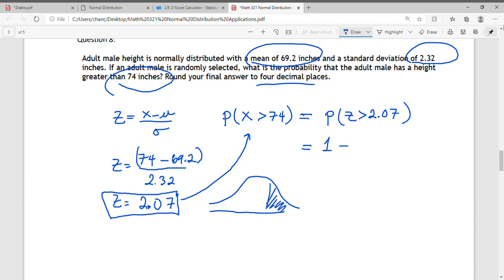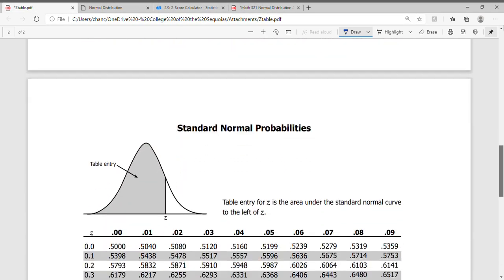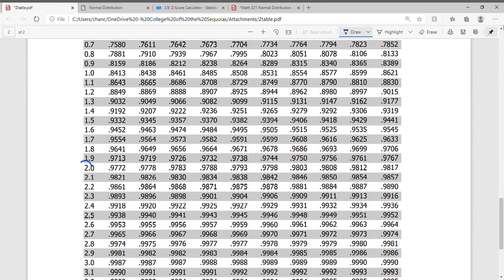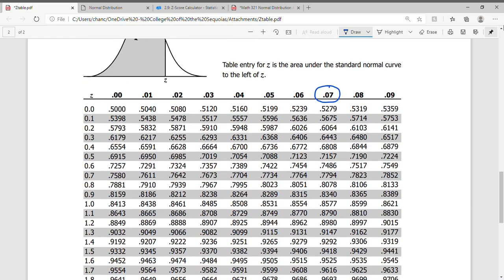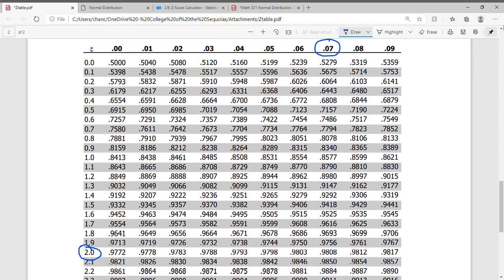So 1 minus, now I'll have to find the area to the left of 2.07. For 2.07, we'll go to the positive side of our z table. And here is 2.0. And we'll look for 0.07.